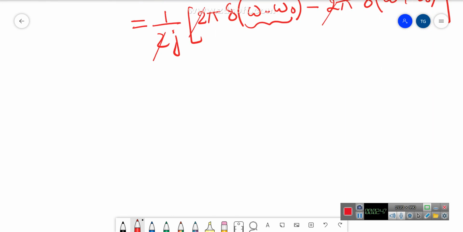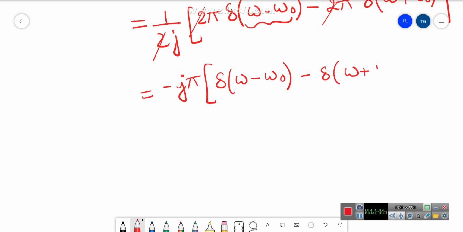So this j, if brought to the numerator, will become minus j, pi also taken common, and here it will be delta of omega minus omega naught minus delta of omega plus omega naught. So this is my Fourier transform of sine omega naught t.